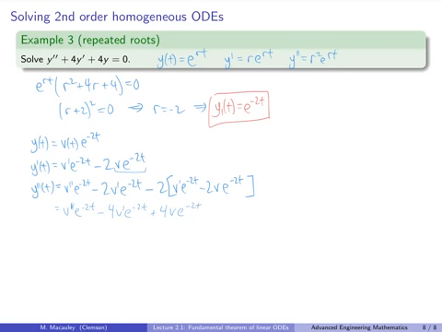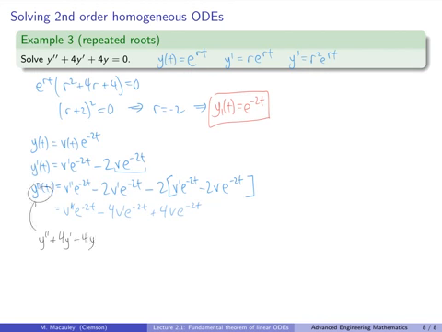Okay, now what? We have y prime and y double prime. Let's plug these into our original ODE. Okay, so y double prime plus 4y prime plus 4y.